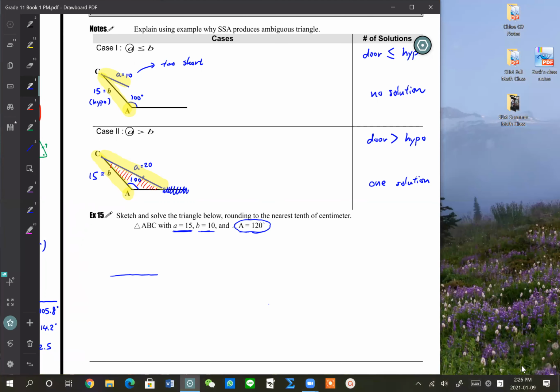We put the angle at the left corner, 120 degrees. This is our angle A. And then the door is 15, so right here, kind of too long.